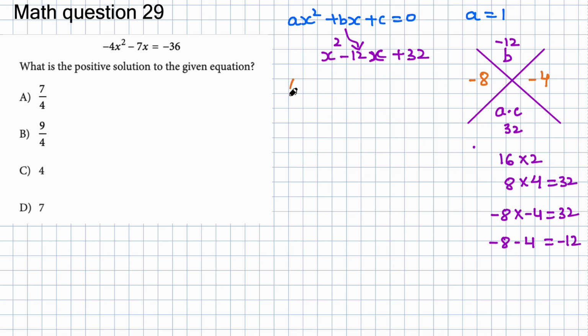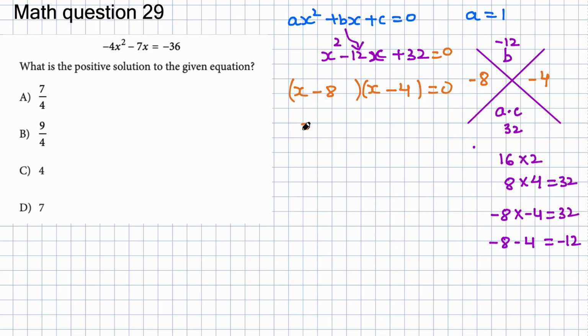Now this is satisfied. So the two numbers are negative 8 and negative 4. Then we make two factors: write x here, and one of the numbers here and another of the numbers there, and this is equal to 0. Whenever we have to solve an equation, it has to be in the equal to 0 form.